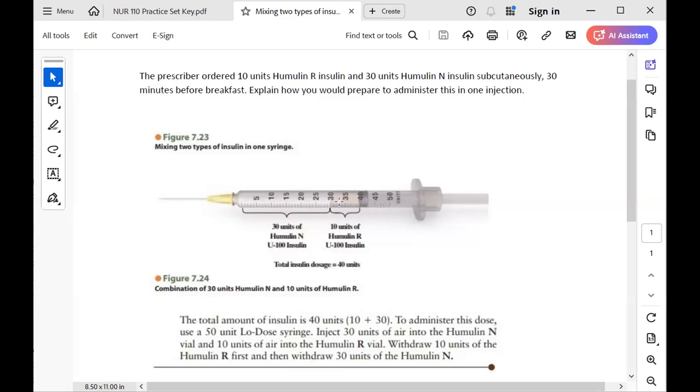Then you're going to draw the cloudy insulin second, which is typically the NPH. The way they want you to mark it is to put your regular insulin, because it was drawn up first, closest to the plunger part of the syringe. And the Humulin N is going to be closer to the needle part of the syringe.